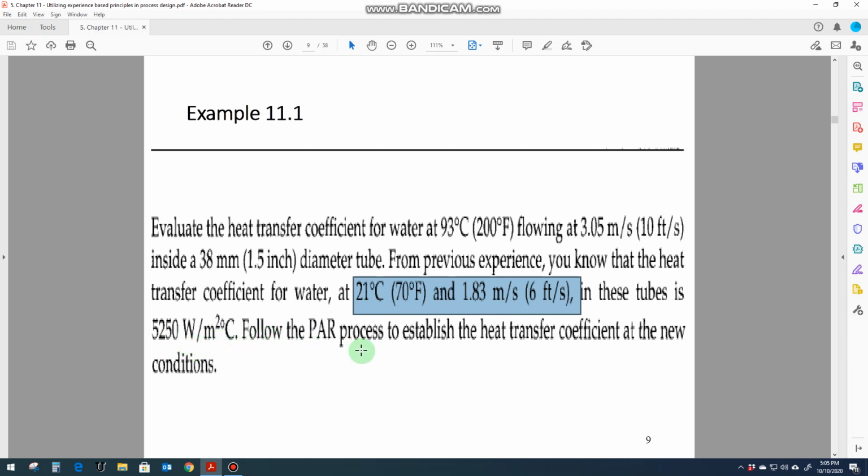Now we have to use this PAR approach to establish a heat transfer coefficient relation that is more generalized and could predict the correct values of the heat transfer coefficient for any change in temperature if we are using water. Okay, so let us see how we can solve this system.